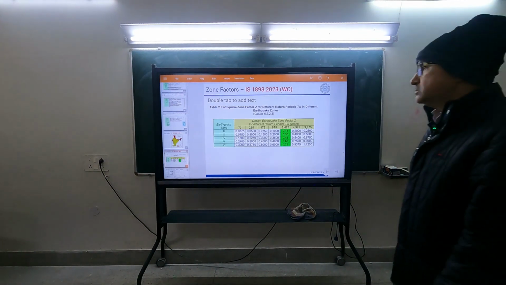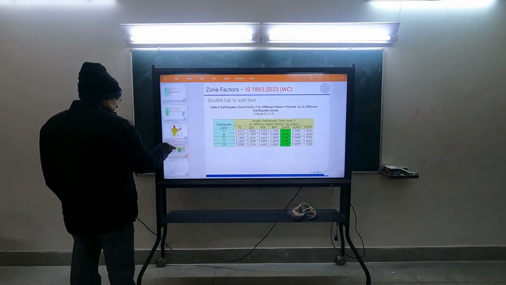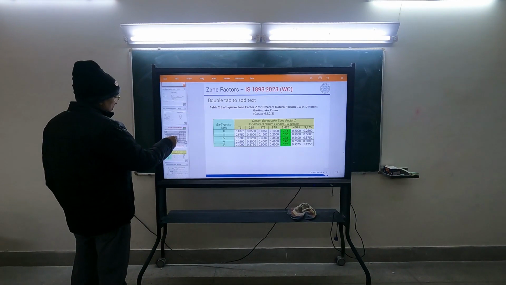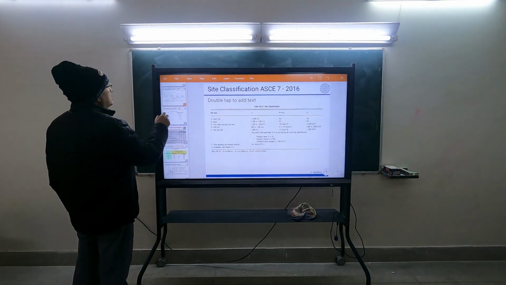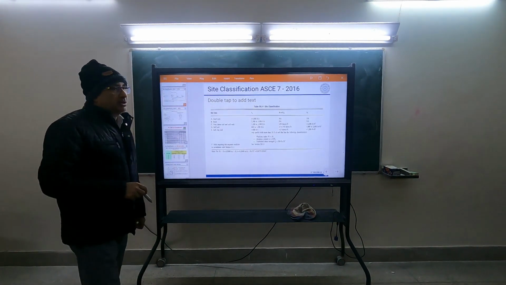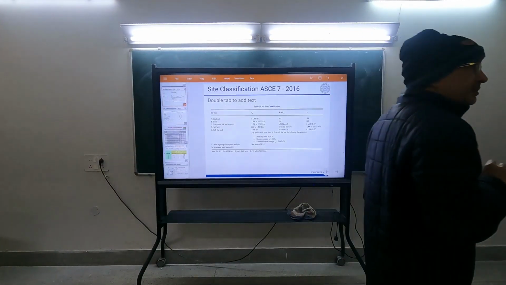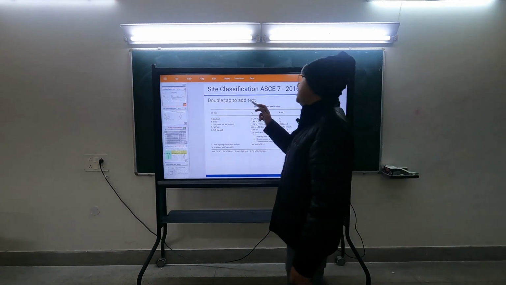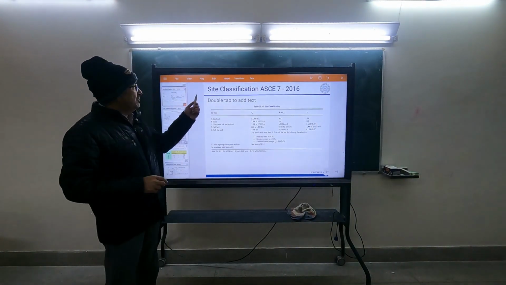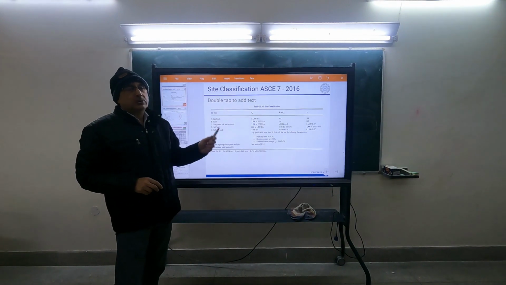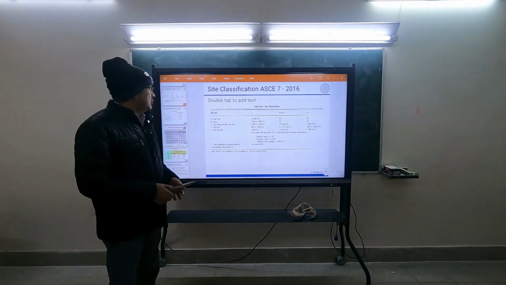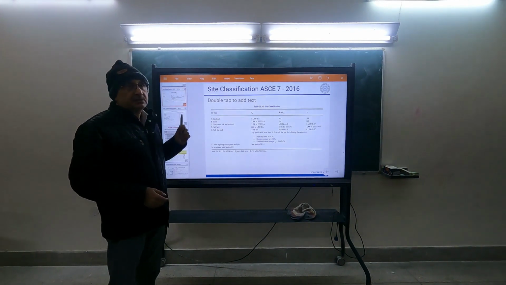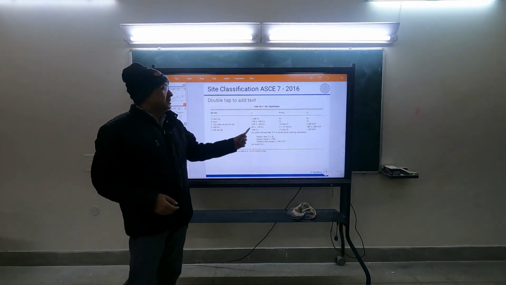Okay, look at the spectral shape. So we talked about the site classification A, B and C. Actually it is the NEHRP classification, which is given in ASCE 7, 2016 and now 2023 is also there. So the sites are classified as A, B, C, D and E based on the shear wave velocity.